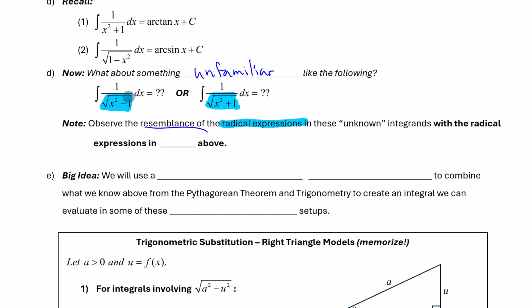Those are unfamiliar to us, but notice the resemblance of those radical expressions in those denominators with radical expressions that we observed in, I'm just going to refer to it with the same little star symbol above.